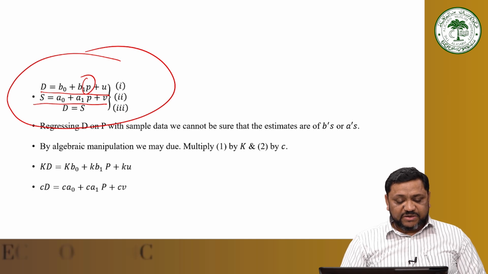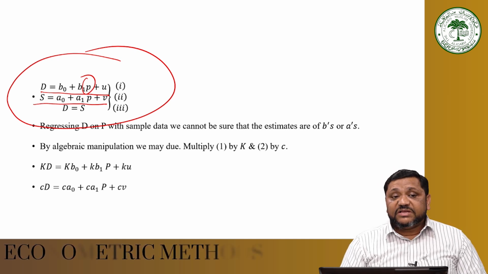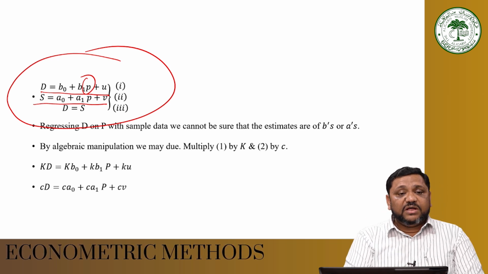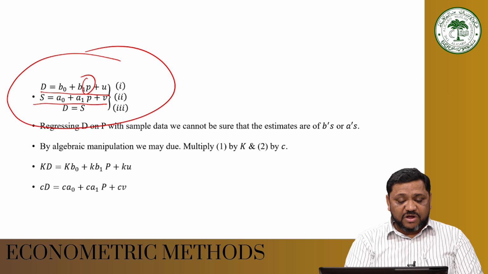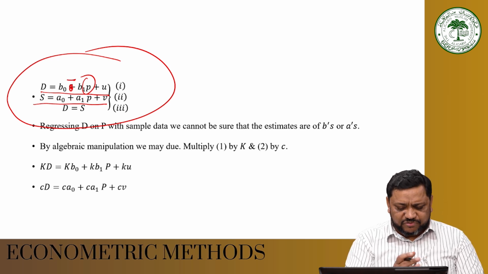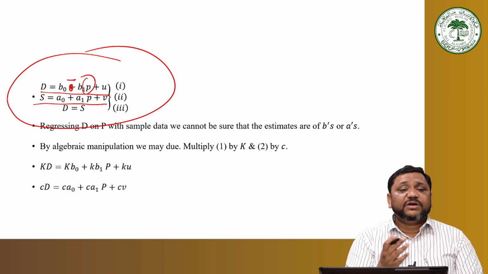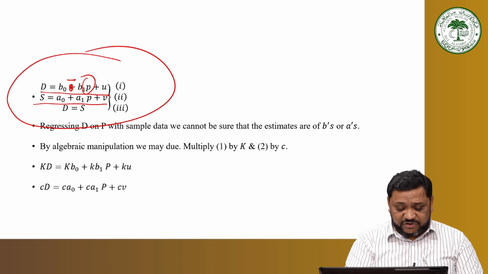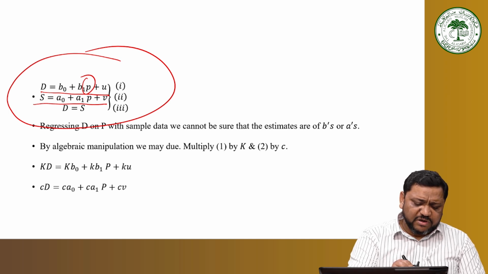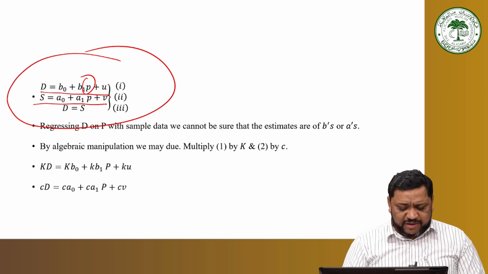So, regressing demand on price with sample data, we cannot be sure whether the estimates are of the demand function or the supply function. The sign of P should be minus here basically, but we ignore it at the moment and let it be plus, because this is just an example.